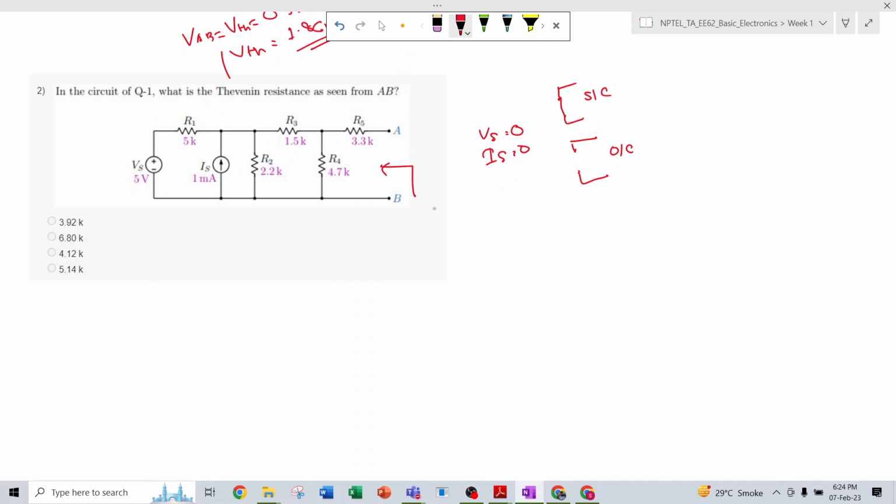So I am redrawing the circuit considering Vs as short circuit and Is as open circuit. Here it is Vs, coming as a short circuit, and then here 5 kilo ohm. Here it will come as an open circuit.